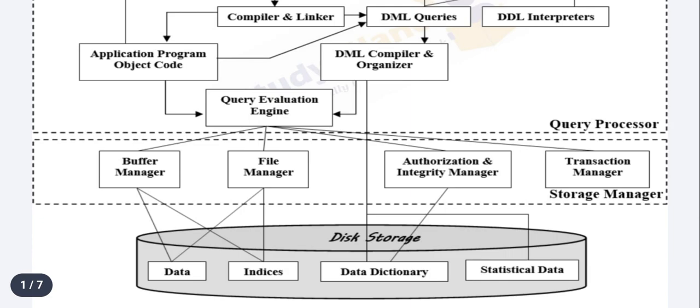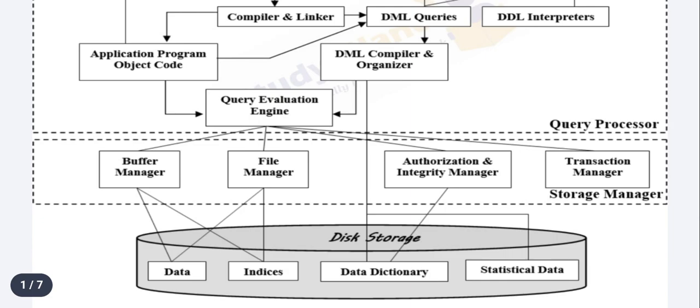Second one is indices. These are the data structures that improve the speed of data retrieval operations. Common indices include B-trees and hash indices. And third one is a data dictionary. It contains the metadata such as the information about tables, columns, data types, constraints, and user privileges.